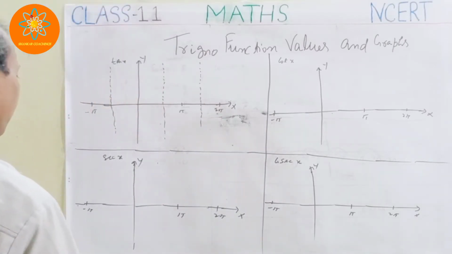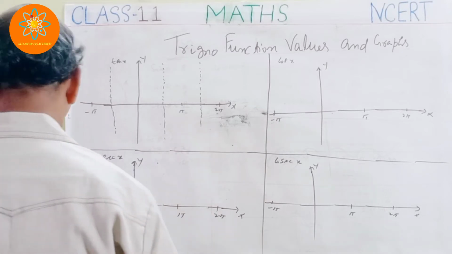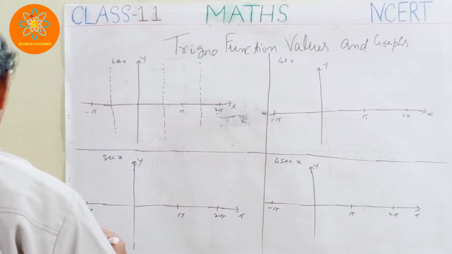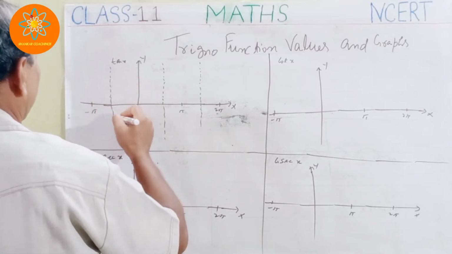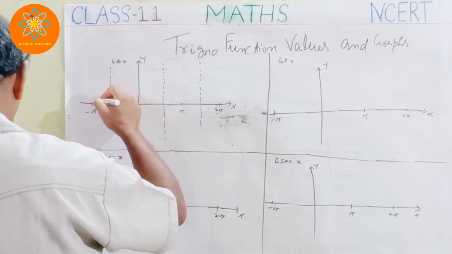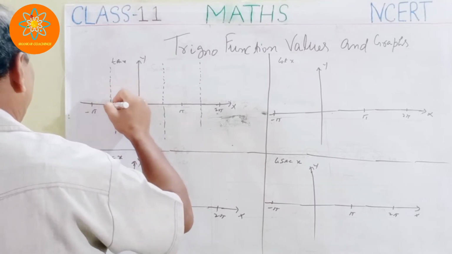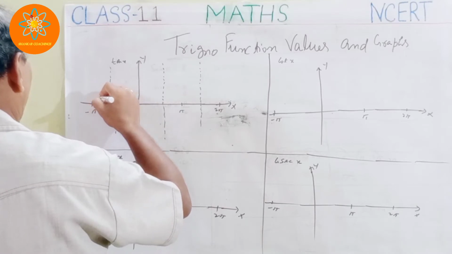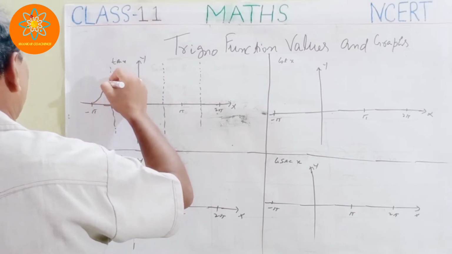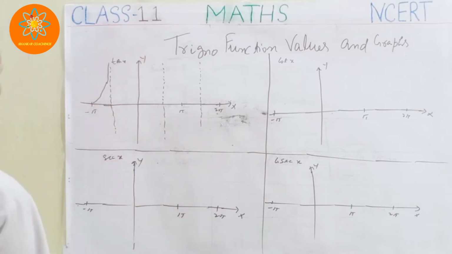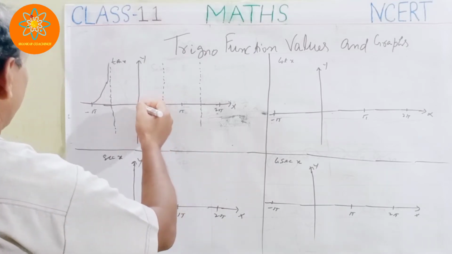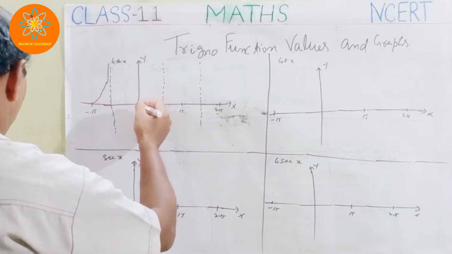So in this way, how to draw the graph? For drawing the graph, after this pi by 2, it is not defined. At this minus pi by 2, it is not defined. Not defined means that point is at infinity. Similarly, at the point 0, it will be what?